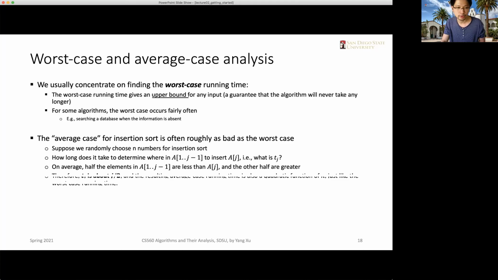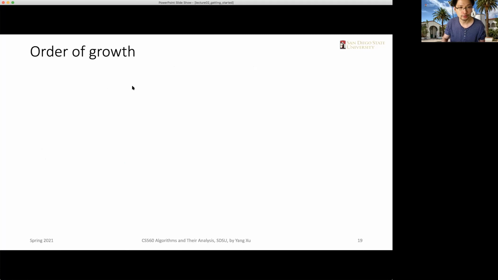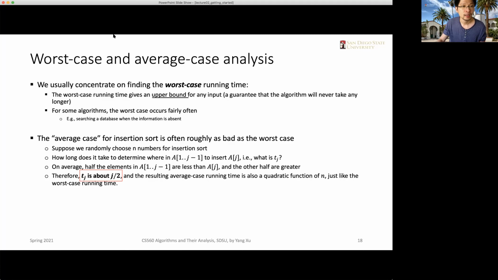So if we take this assumption, then we can estimate that Tj is almost half the size of j, half the value of j, right? Because roughly we need to compare half of the elements ahead of Aj. So the resulting average case running time can be computed if we substitute Tj equals j divided by 2 into the summation term.